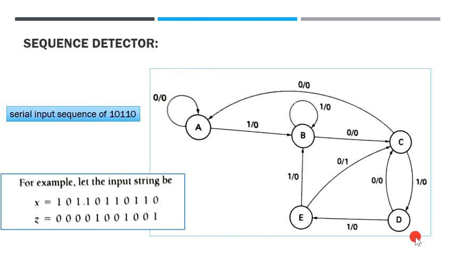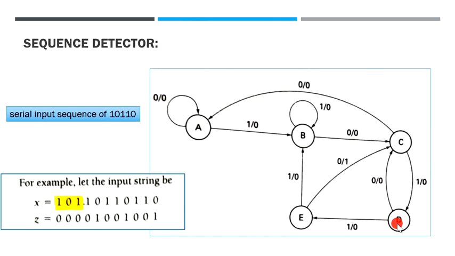So when you are in state D, it means that the 3 correct input values have been received.